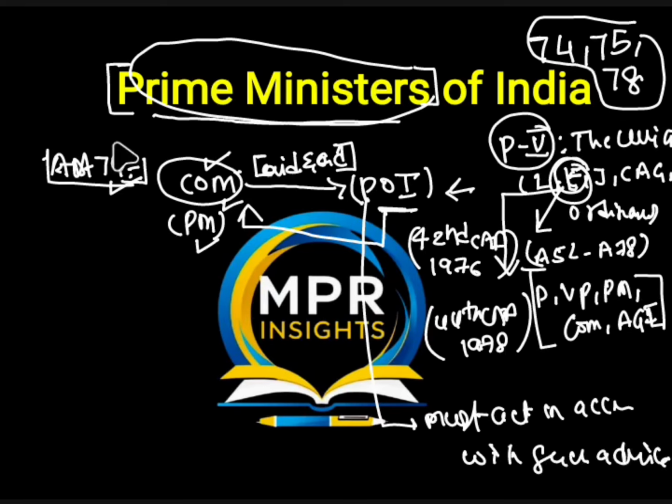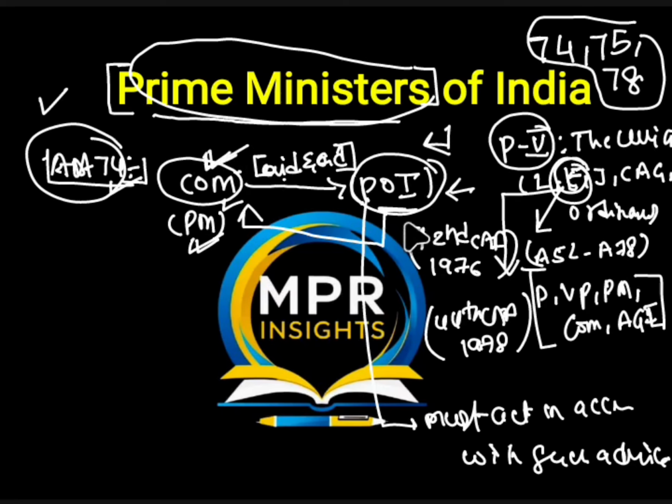Let's revise this important article again. There shall be a Council of Ministers with the Prime Minister at the head to aid and advise the President of India, and the President has to act with the advice given by the Council of Ministers. So the advice is binding on the President. This was added via the 42nd Constitutional Amendment Act 1976.